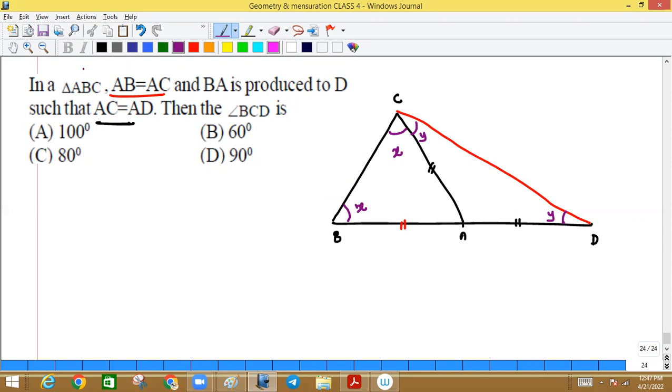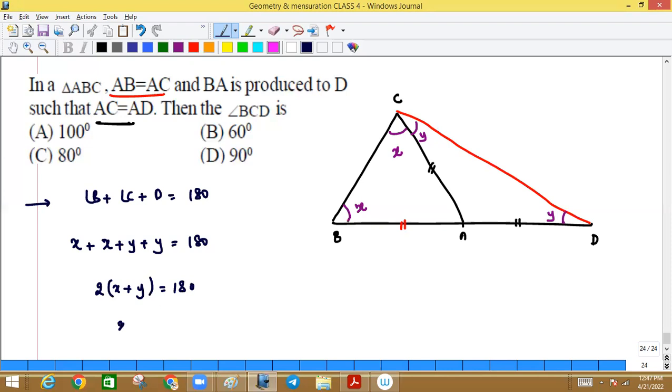Now tell me, in a triangle, what is the sum of angles? Angle B plus angle C plus angle D is equal to 180 only, right? It is x plus y plus y. So can I say it is 2 times (x plus y) equal to 180? Then what is x plus y? 90 degrees.